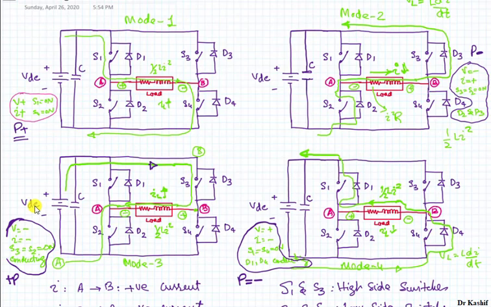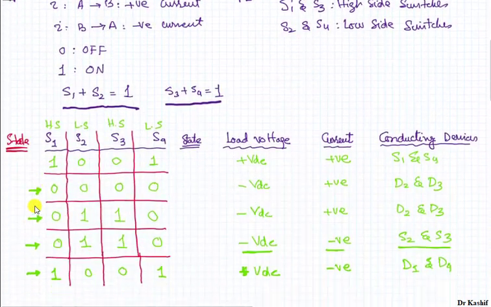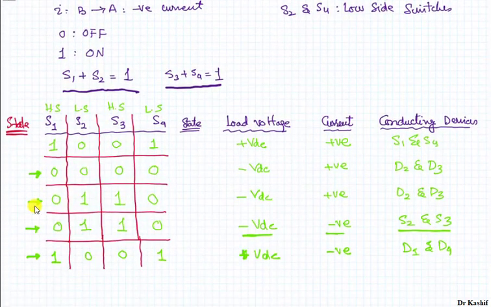Now if we move towards the table, I can just mark down some important things over here. Those will be used later on. With respect to the high side switches, this is the state 1 and 0, because our switch S1 is on and switch S3 is off.